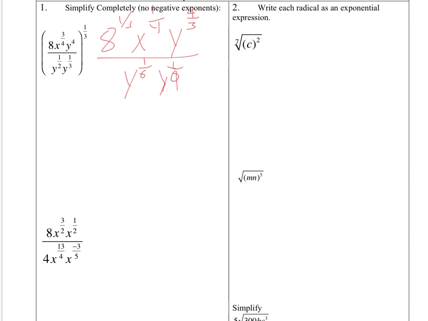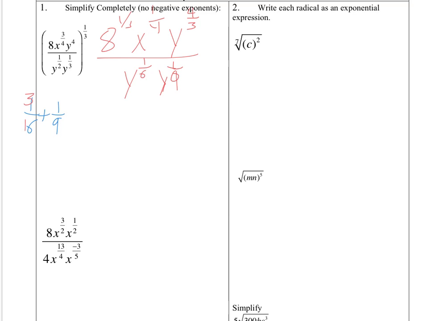So the next thing I might take a look at is the bottom part of my fraction, because I've got two pieces there. In looking at that, we've got a 1/6 and a 1/9. If I combine those, my least common denominator is going to be 18.